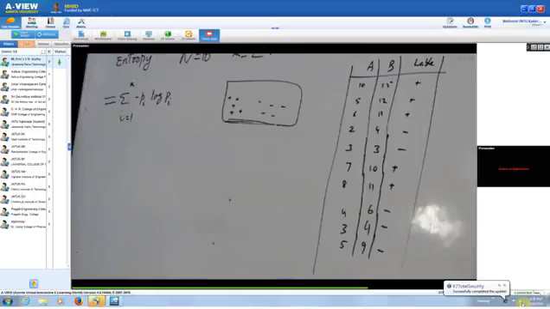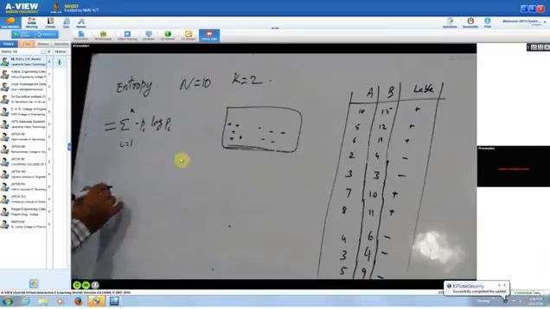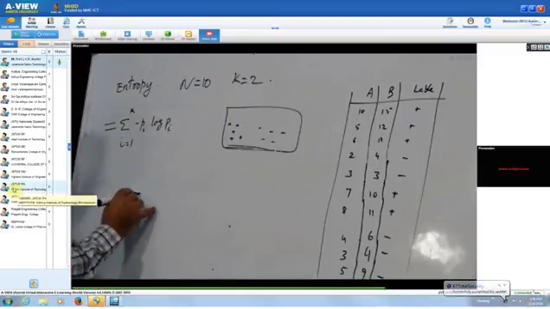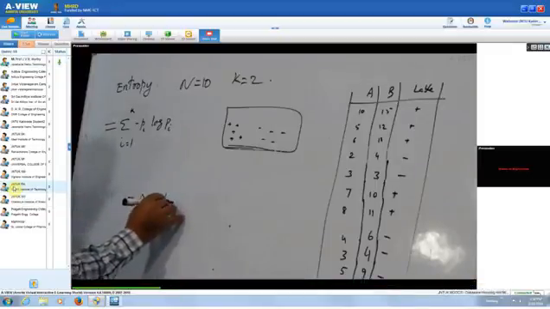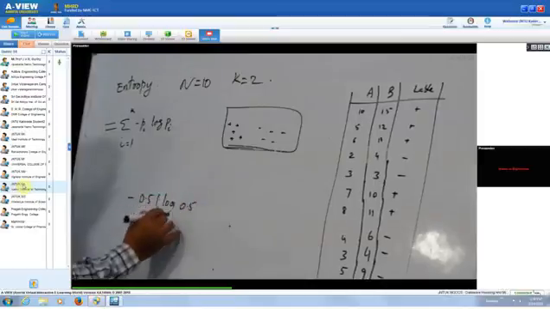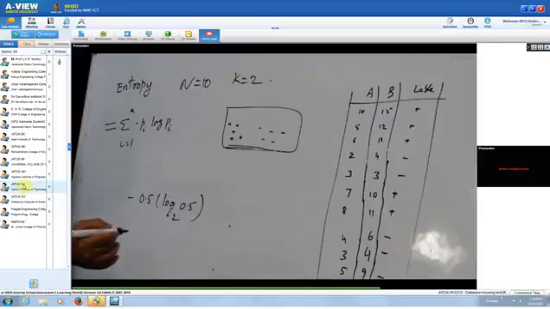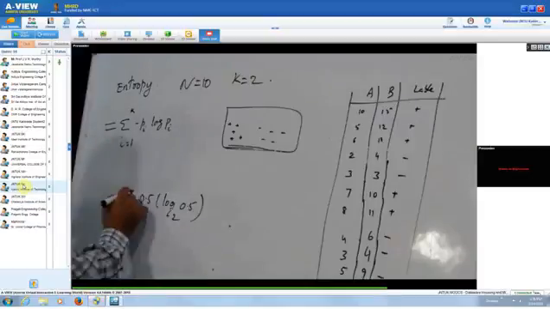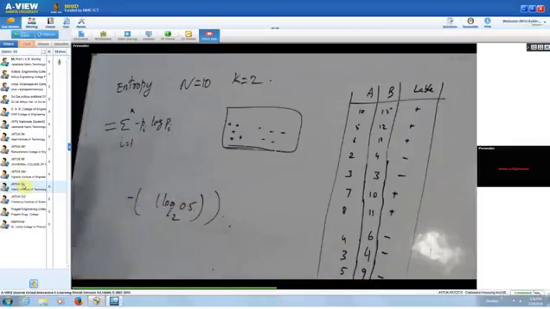The probability of minus is also 1 by 2. So if you consider minus of 0.5 into log 0.5 to the base 2, again minus of 0.5 into log 0.5 to the base 2, this will be the entropy.